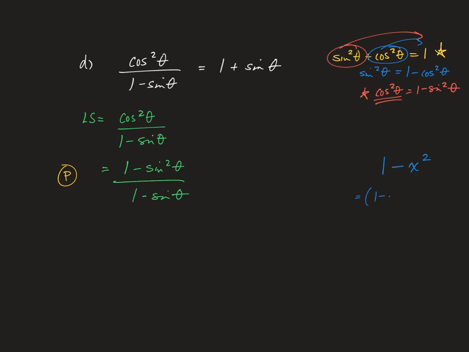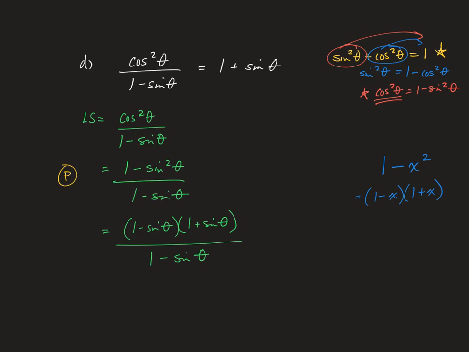We could factor that into 1 minus x times 1 plus x. You get a little confirmation if you expand it, you get back to the original. And so what that tells us is I could factor the numerator of that big fraction into conjugates: 1 minus sine theta times 1 plus sine theta.